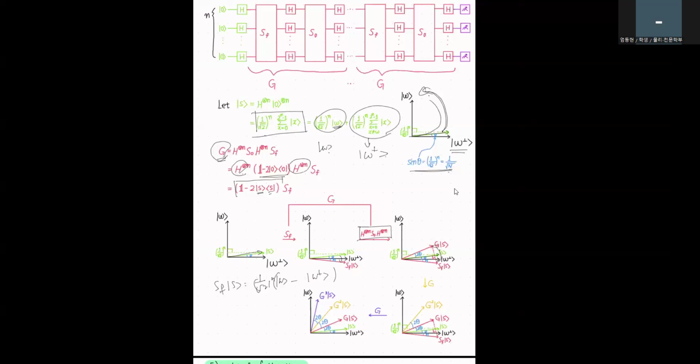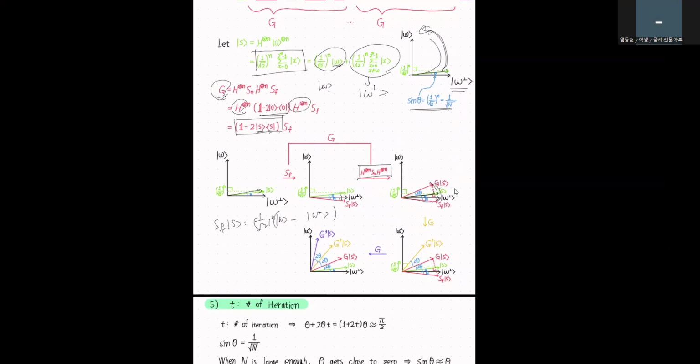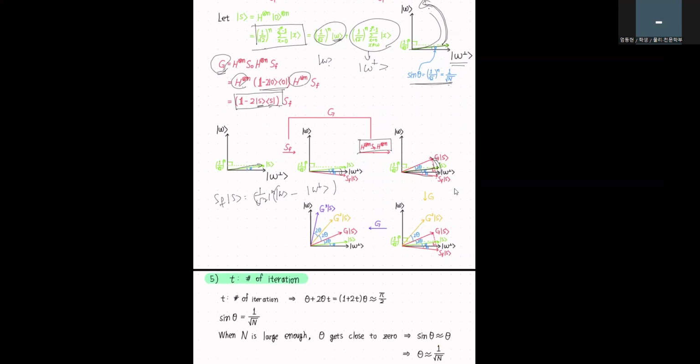And this is defined as flipping it around the state S. So what we're actually doing is rotating S by an angle 2 theta, I mean, sorry. Applying G once rotates this by 2 theta, applying it twice rotates this by 4 theta, and we keep applying it until, of course, we reach our solution, omega, or at least until this vector is closest to here.